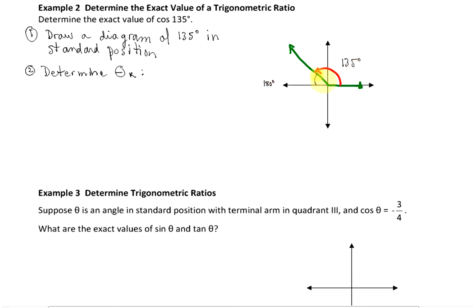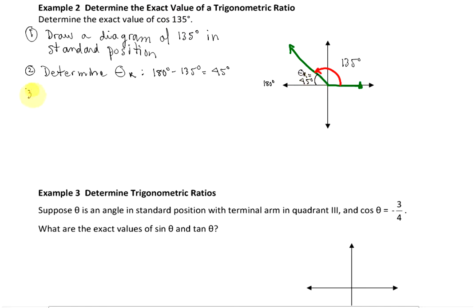So if we want to work out our reference angle, we want to go 180 minus 135, which will give us an angle of 45 degrees. Okay, so our reference angle is 45 degrees. Okay, so yeah, when we said that we're probably going to be looking at our special angles, one of them is 45 degrees, so we will be using that.